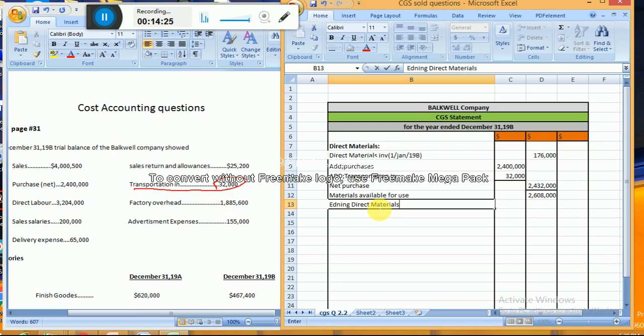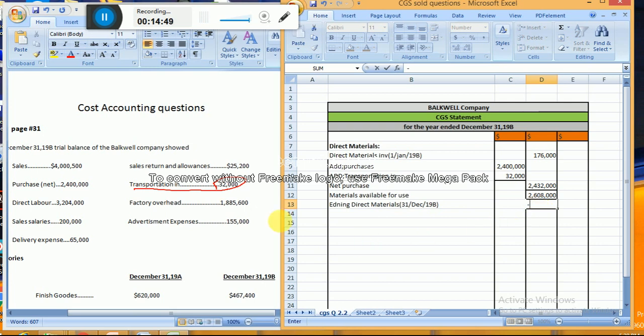Ending direct material means those materials which are on the 31st of December 19B, that is the remaining material in 19B. How much? That is minus.